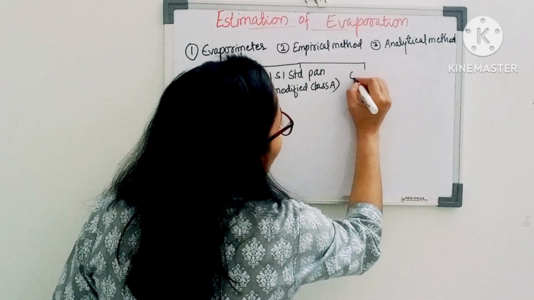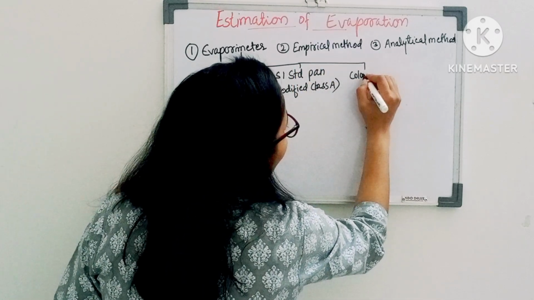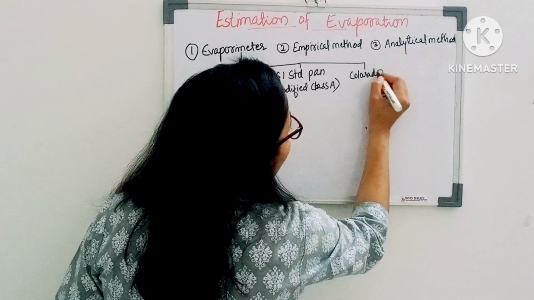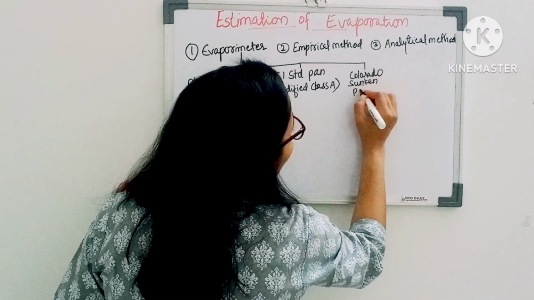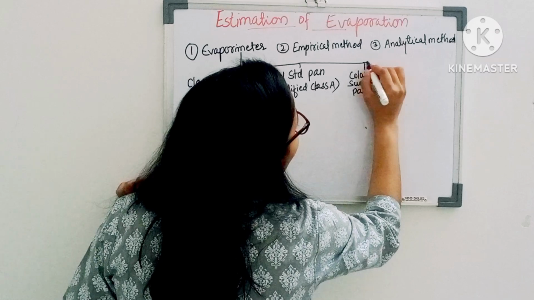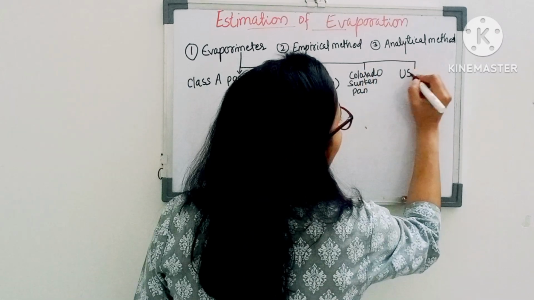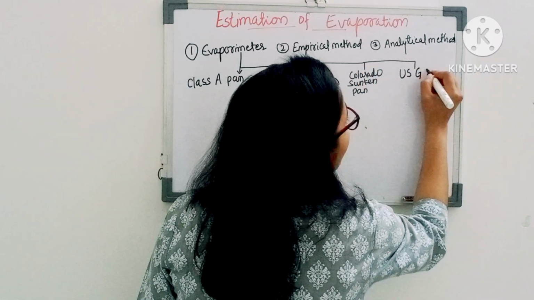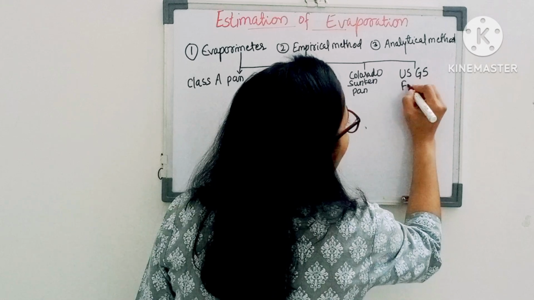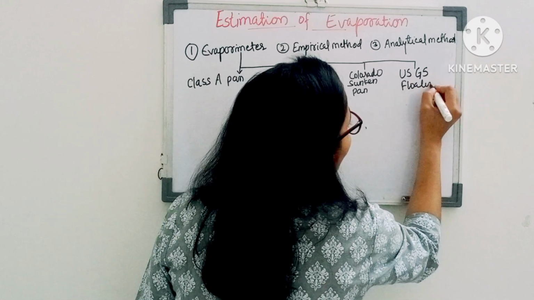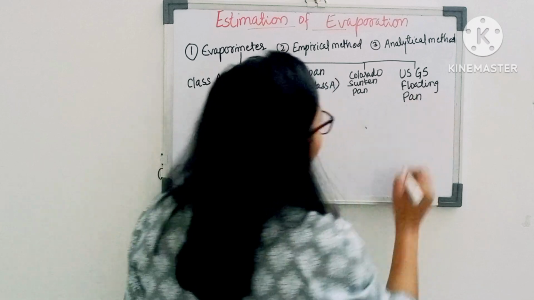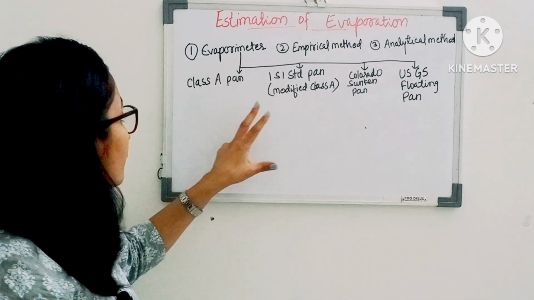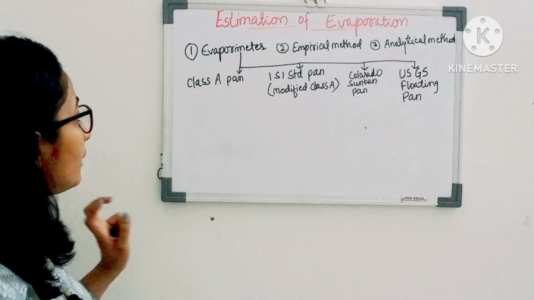Third one is the Colorado sunken pan evaporimeter, and fourth is the US Geological Survey floating pan. So these are the four types of evaporimeter.